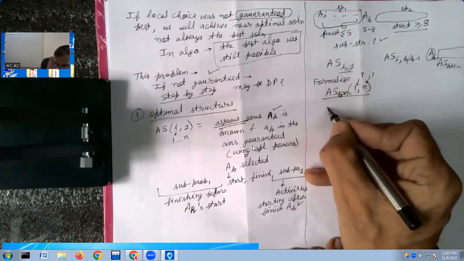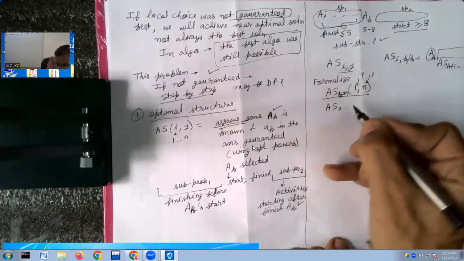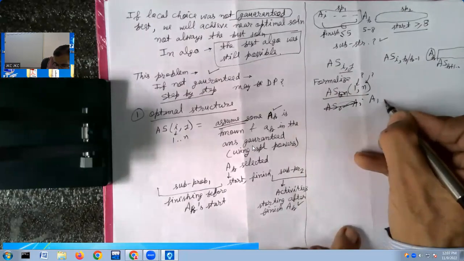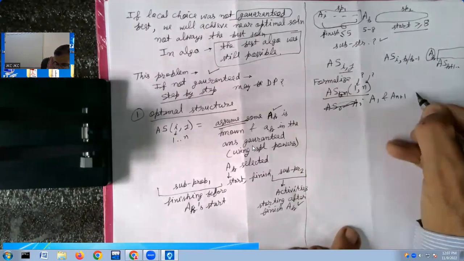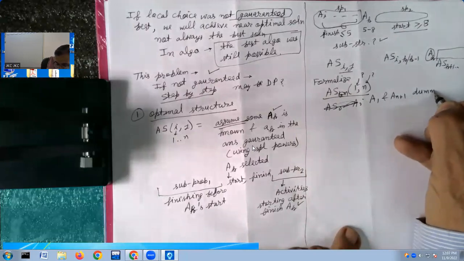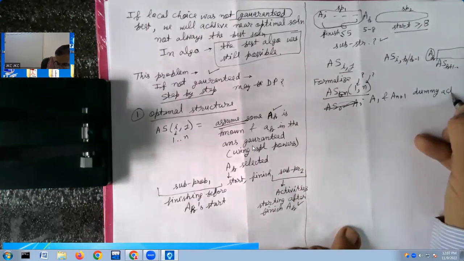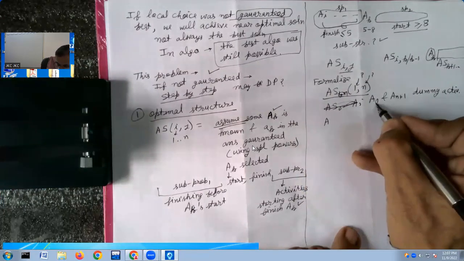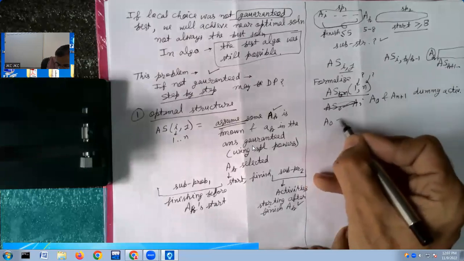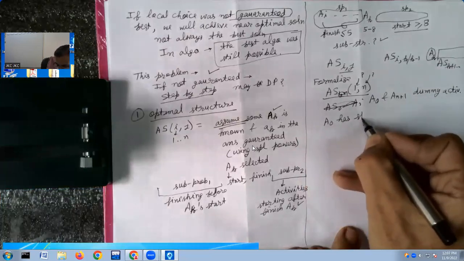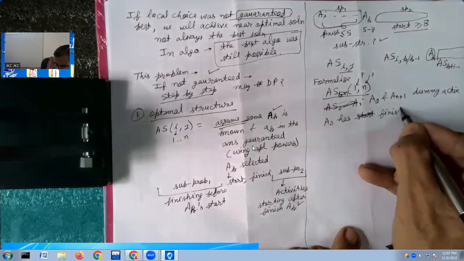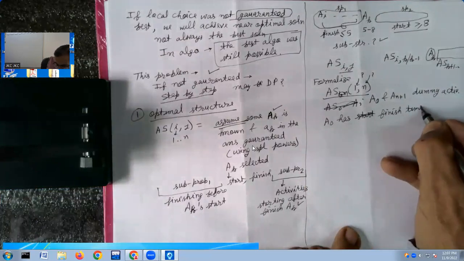So let's add two dummy activities, A0 and An plus 1, which will help in solving my problem. A0 has a finish time of 0.